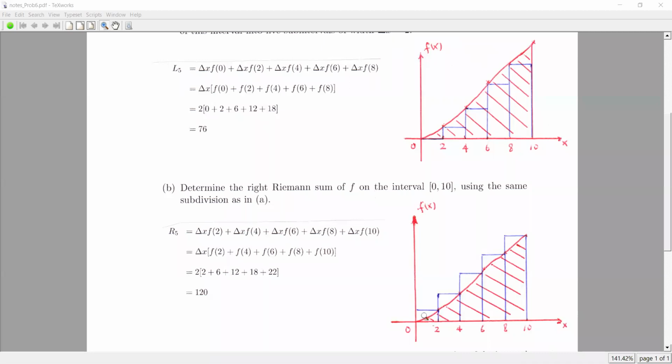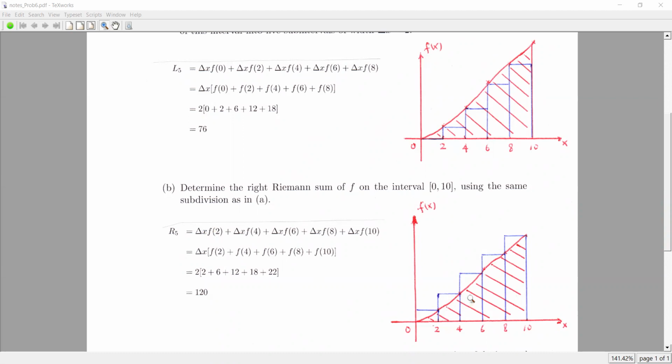The area of the first rectangle is base times height. Base is delta x. Height is function value at 2. Second rectangle, its area is base times height, delta x times function value at 4.